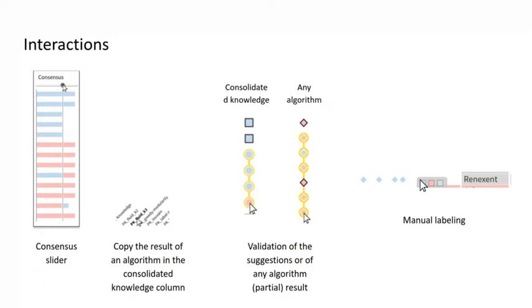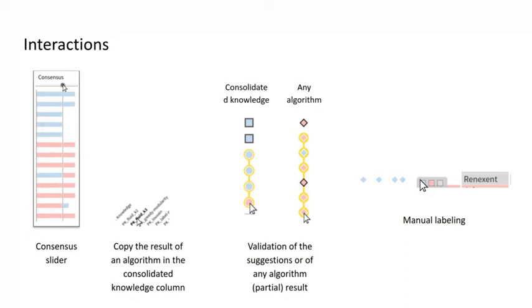And to consolidate the suggestions, the user can click on the circles, or click and drag, to validate several persons at the same time. She can do the same for one specific algorithm by clicking or dragging on the diamond shapes.